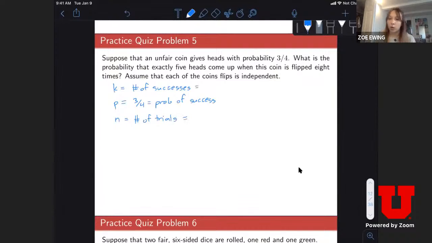So what is K going to be? Let's just say a success means that we have heads. So if we want exactly 5 heads to come up, then the number of successes that we want is 5. And then how many trials do we have?